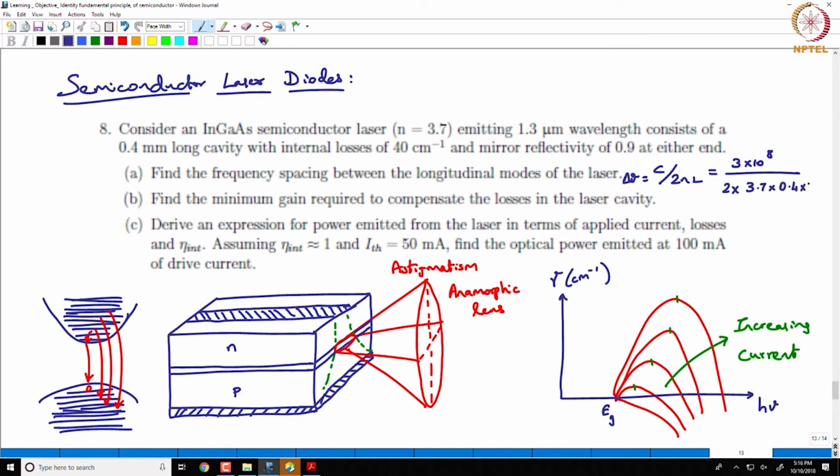So, 0.4 times 10 power minus 3. So, what is it? 0.8. So, that is about 3. So, 3 and 3 cancel. So, it is roughly about 10 power 11 hertz. That is corresponding to 100 gigahertz, right?